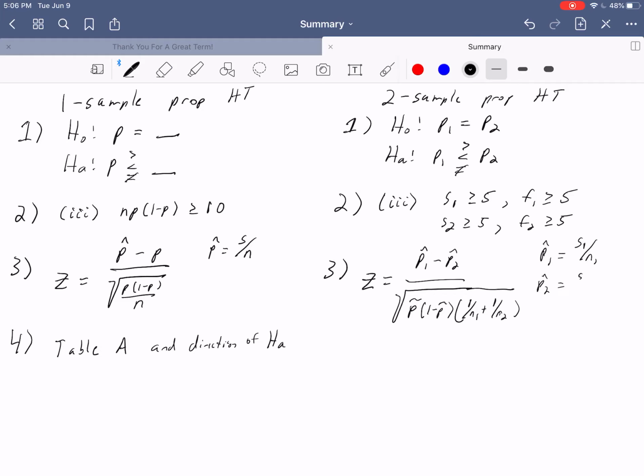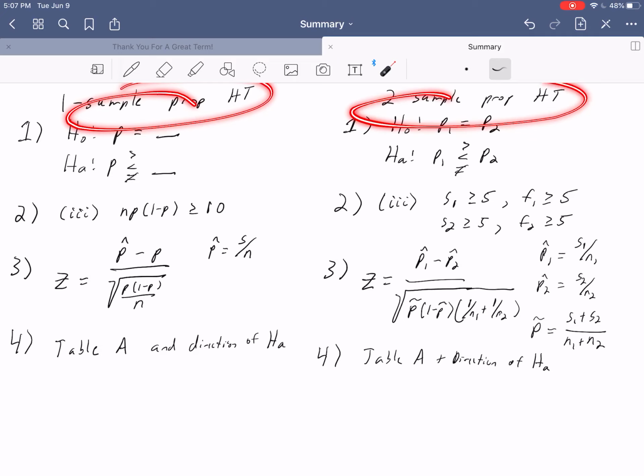P2 hat would be s2 over n2, and that p tilde is found by pooling the successes together and then dividing by the sum of the sample sizes. So probably one of the more complicated test statistics, but there we go. And step 4, also table A and direction of HA. So there we go. There's our one sample proportion and our two sample proportion hypothesis tests.